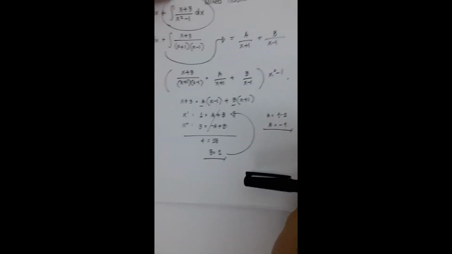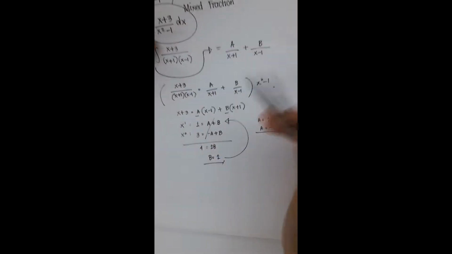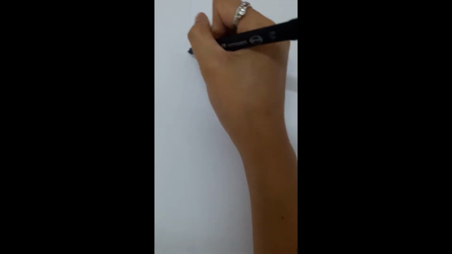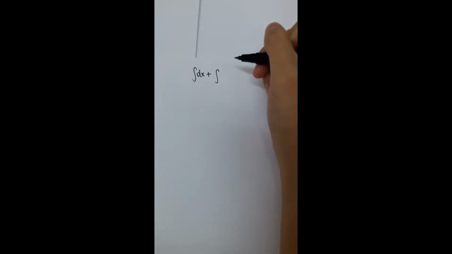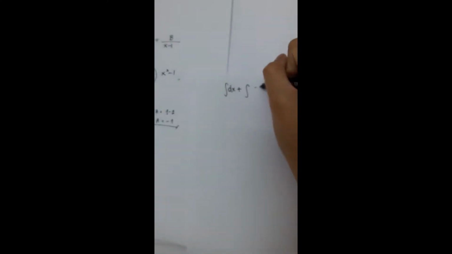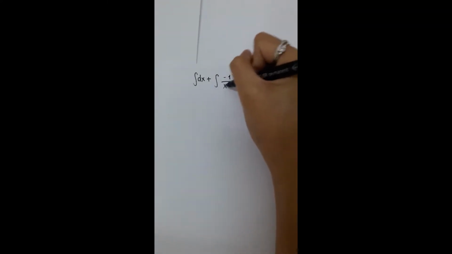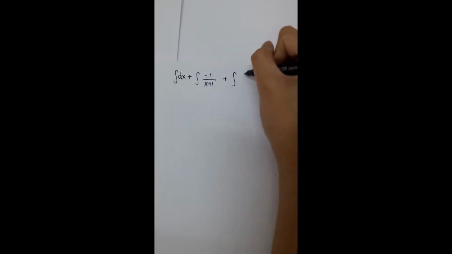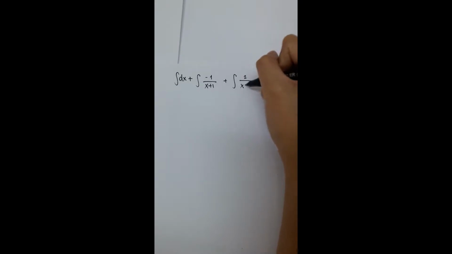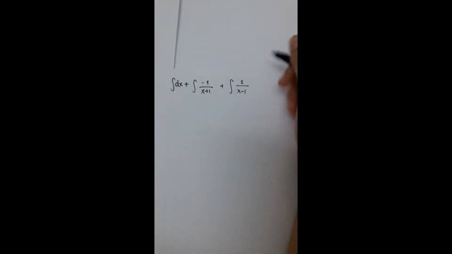Since we already have the values of a and b, we can substitute them into this equation. So your final equation will be the integration of dx plus the integration of a, which is negative 1, all over x plus 1, plus the integration of 2 all over x minus 1.